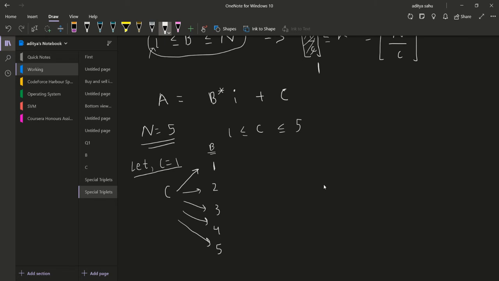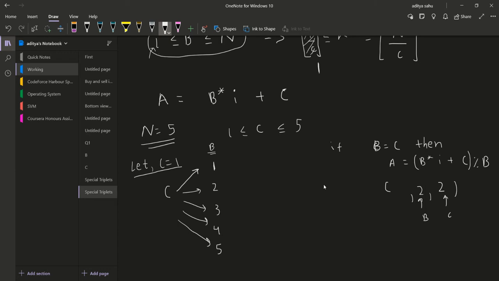Now, there is one trick here: if my B is equal to C, then I will never be able to hold the condition that A is equal to some B times i plus C. I will not be able to form any valid value of A which, when I do modulo with B, gives me C. So, for example, if my C is equal to 2, and I take my B equal to 2, I will never be able to actually generate an A which gives me the value 2 when taken modulo this B. And why is that?